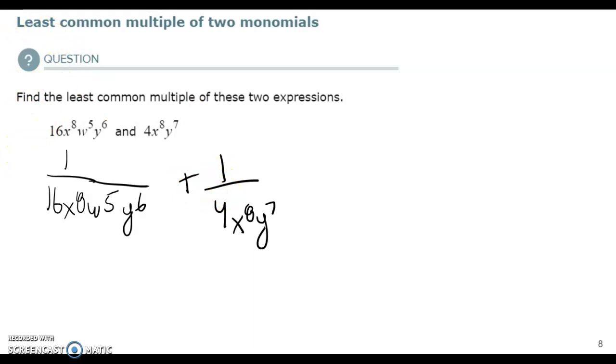Okay, so let's start with our 16 and our 4. The smallest number that 4 and 16 both go into is 16. So this side would need a 4 over 4 to get it to 16. If we look at our x's, both sides are good on x's. If we look at our w's, this side needs 5 w's, not 6, so both sides need 5 w's.